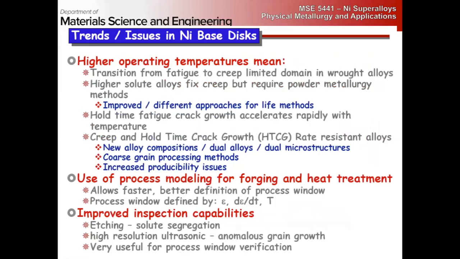So if we're thinking about designing discs and doing material selection or designing alloys for discs, we keep pushing operating temperatures higher and higher. Blades we'll talk about, but blades are actively cooled and they have coatings on them, and they're single crystal.